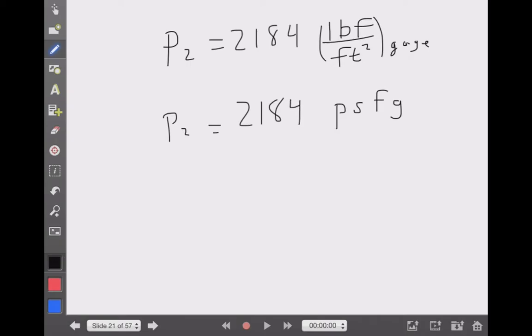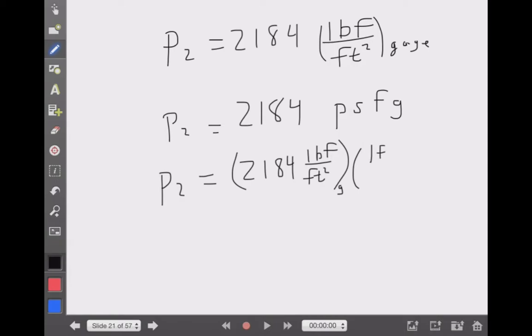Now, I wanted to take this opportunity because there were some problems like this on the first homework, I believe. 2184 pound force per foot squared can be converted to PSI gauge. Remember, this is gauge. This can be converted by taking 1 foot squared equals 144 inches squared.